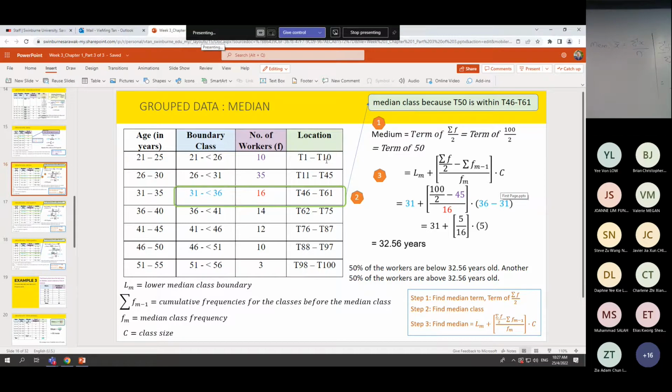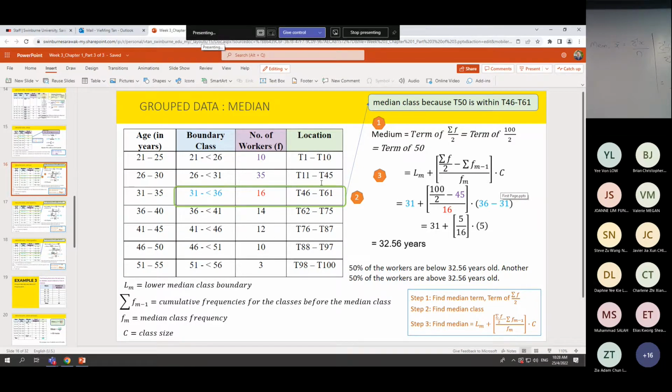How about the next class? The next class is from T11 to T45. How to get 11? Because after 10, it should be 11, right? To which term? How to get 45? You can use 35 plus 10, you'll get 45. Or you can use 10 plus 35 also. So that means term 11 to term 45 are in the second class.